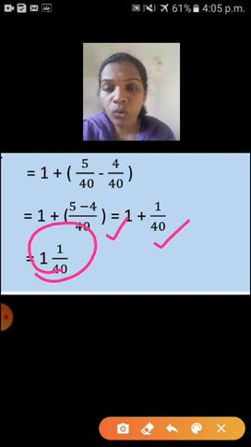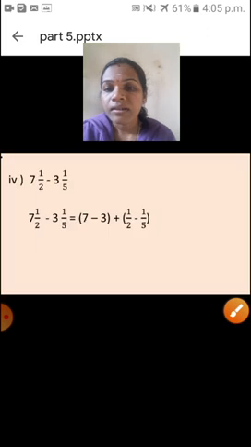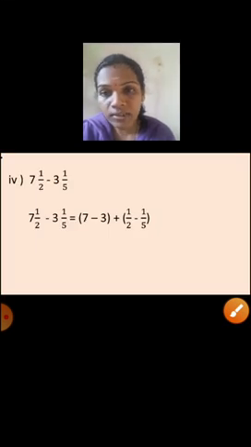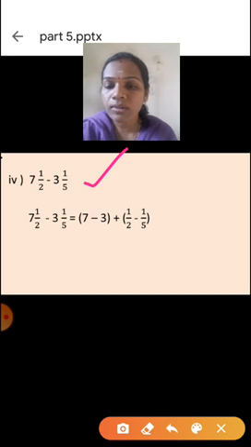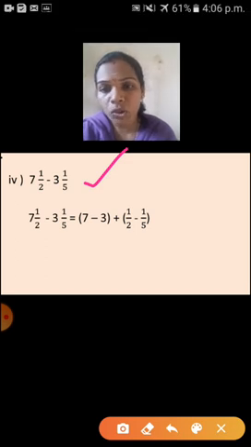So children, can you do it by yourself? Yes. So that's why I am giving homework here. Fourth sum. Okay. So see here, first one is what? That fourth sum, subtraction: 7 1 upon 2 minus 3 1 upon 5. You can use any one method.